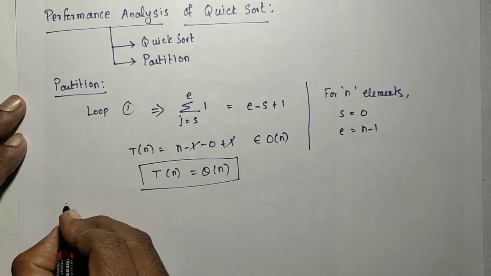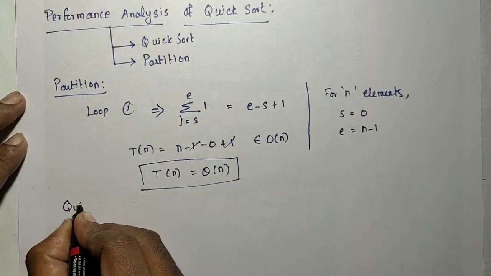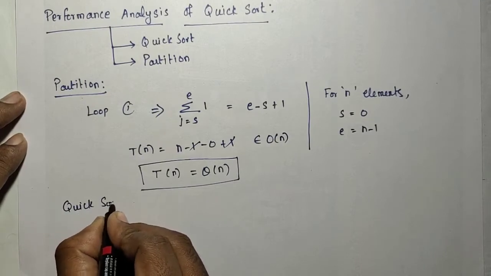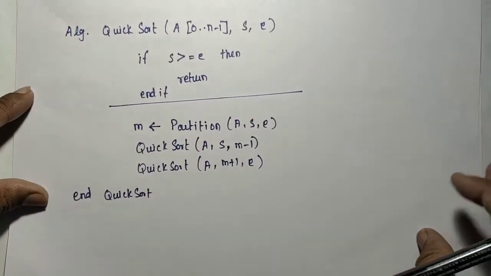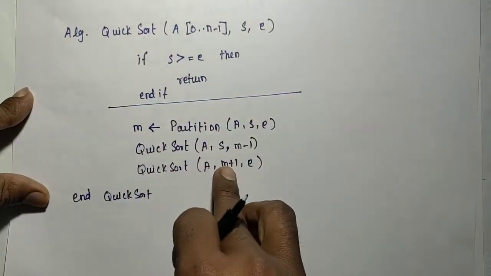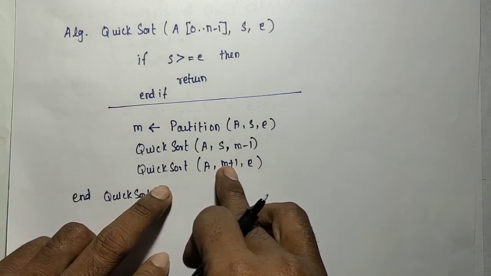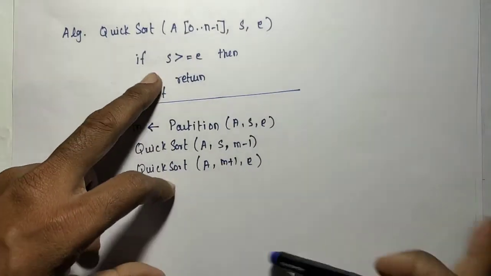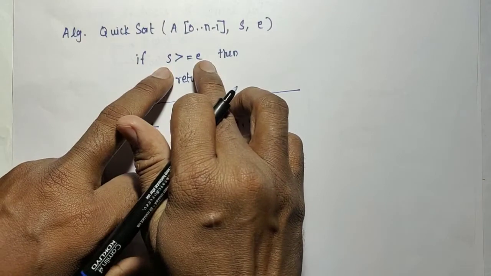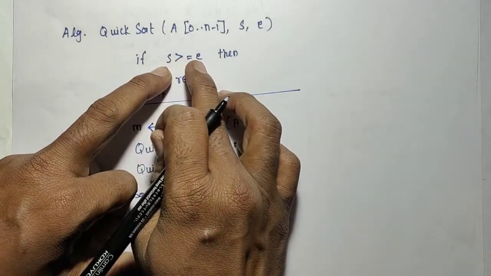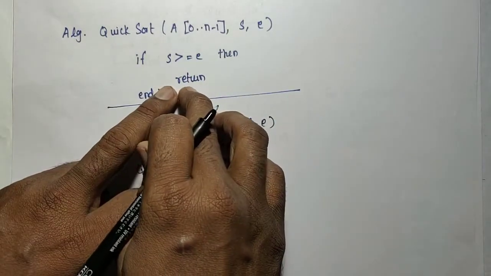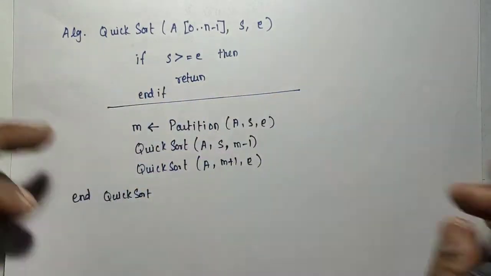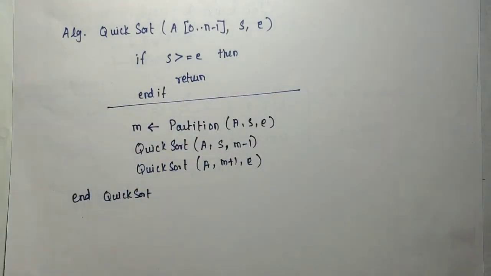The next is the quicksort algorithm. In the quicksort algorithm, there are two cases: one is the base case, another one is the recursive case. In the base case, S equal to E, or S greater than E which means an invalid index, in both cases just return. It will not do anything on the array.